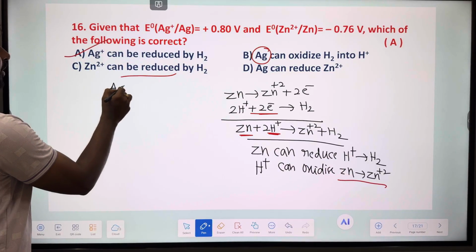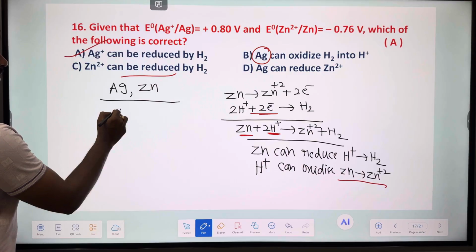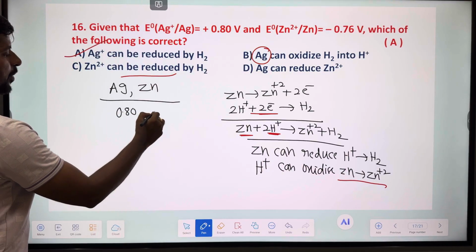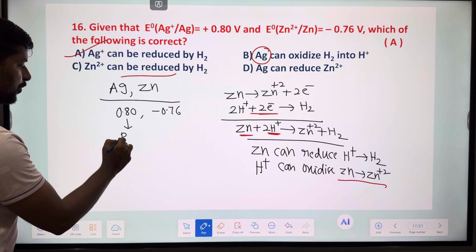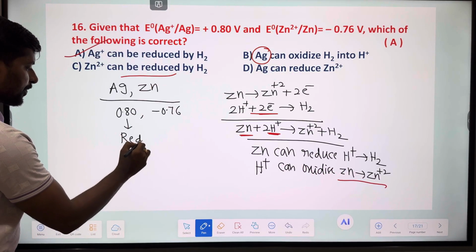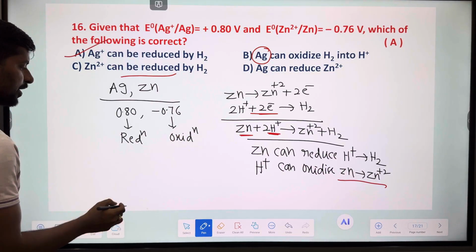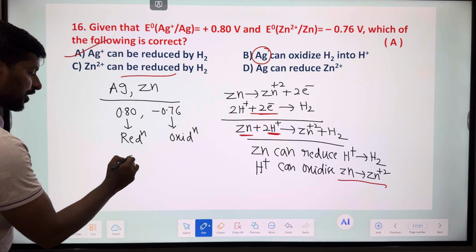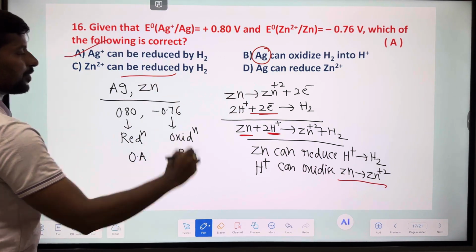Next, if you verify silver and zinc, I have given so many examples based on 0.80 and minus 0.76. So the silver reduction potential is more, so it undergoes reduction. Zinc undergoes oxidation. That means silver acts as an oxidizing agent and zinc as a reducing agent.